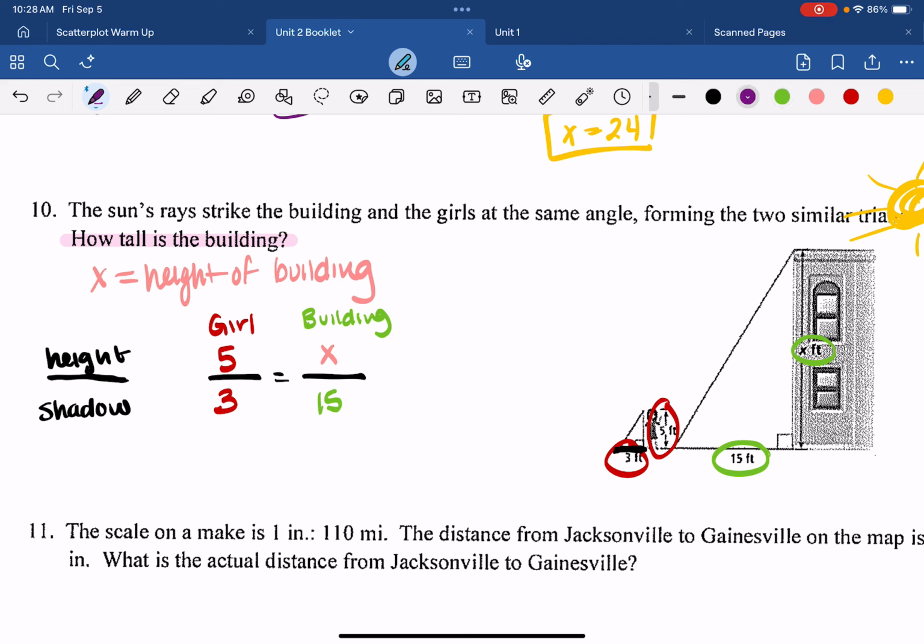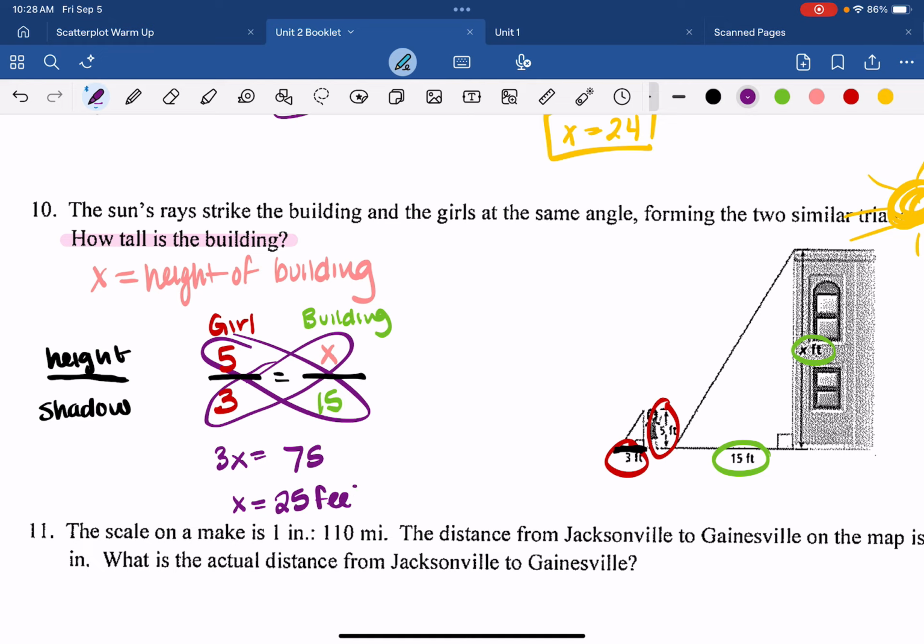Okay. From here, I'm going to do cross multiplication. So I have 3x equals 5 times 15 gives me 75. 75 divided by 3 is going to give me 25. So x equals 25. This is the height of our building, so it's measured in feet.